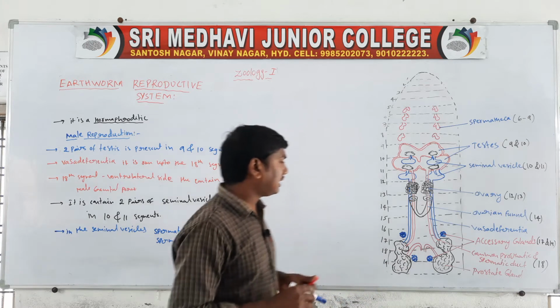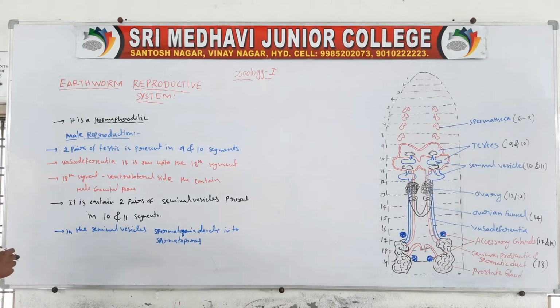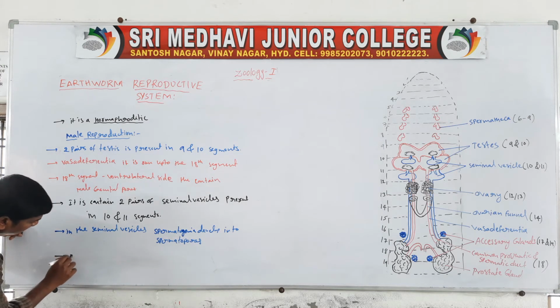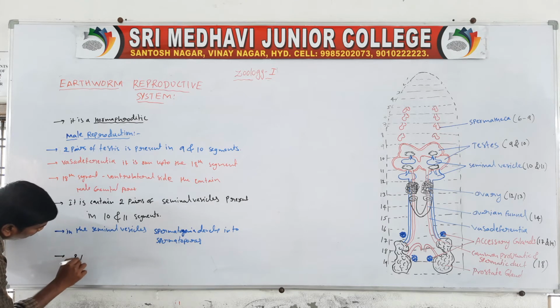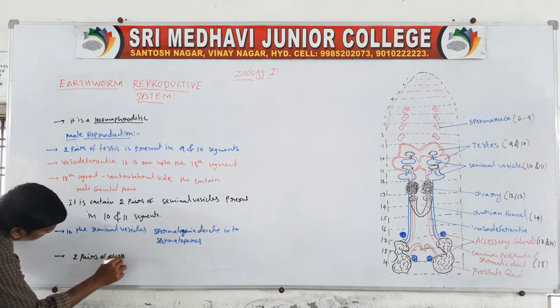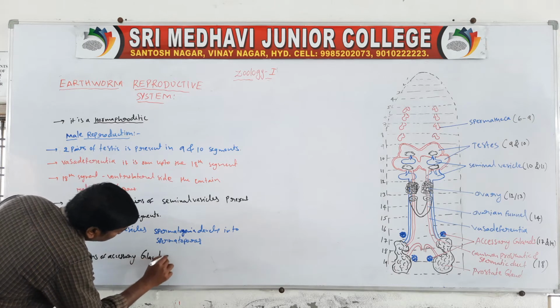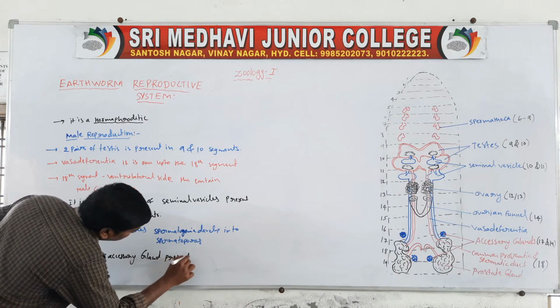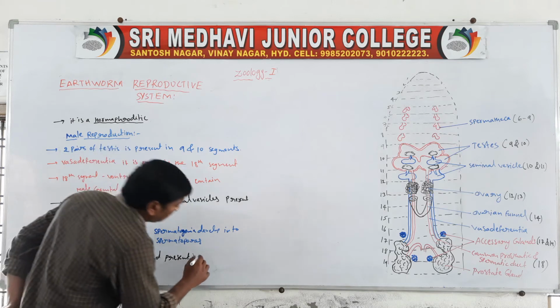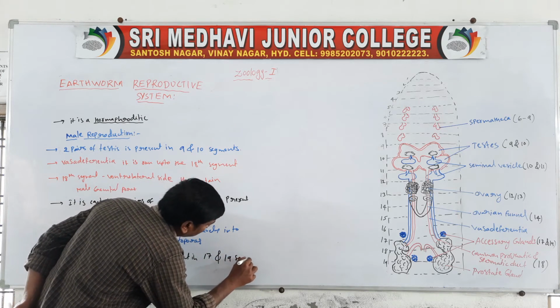Next, the accessory glands. There are two pairs of accessory glands, present in the 17th and 19th segments.